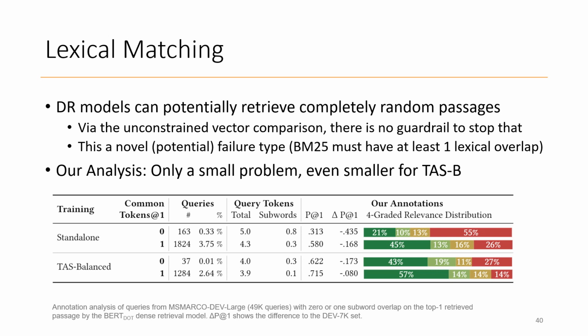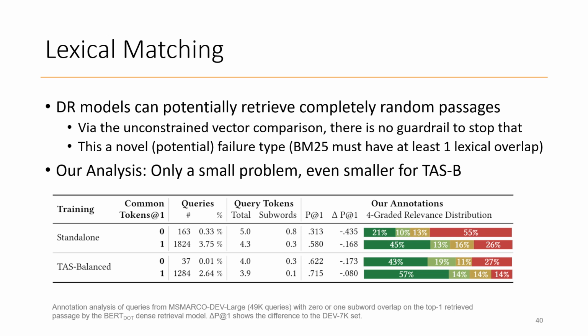And then we went ahead and did an annotation campaign to re-annotate those P@1 passages to get the precision at 1. Our findings are in this table right here. We find that absolutely no overlap is very, very uncommon, and even query-passage pairs that only have a single token overlap, in relative percentage points of all the queries, are still a very minor problem.